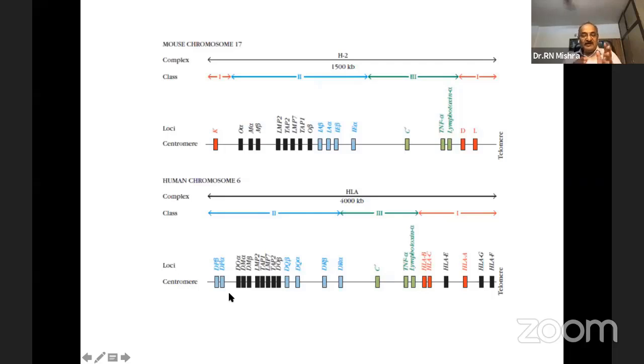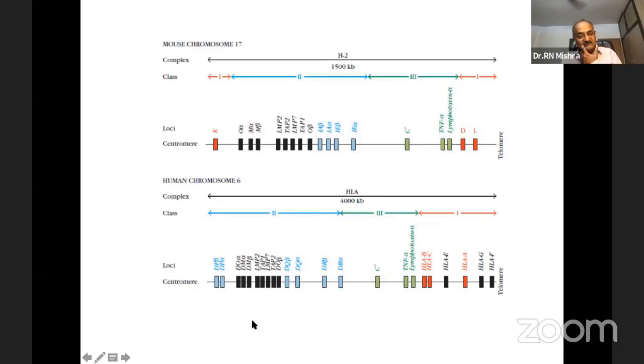Because of these alpha and beta chains also, they are highly variable or polymorphic, that is the term used for these molecules. So we have extreme difficulty finding a match if we are not related. You may get a match between brother and sister, but of course a monozygotic twin will match at all loci.